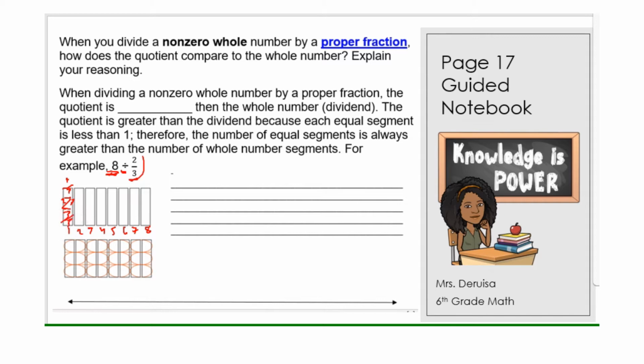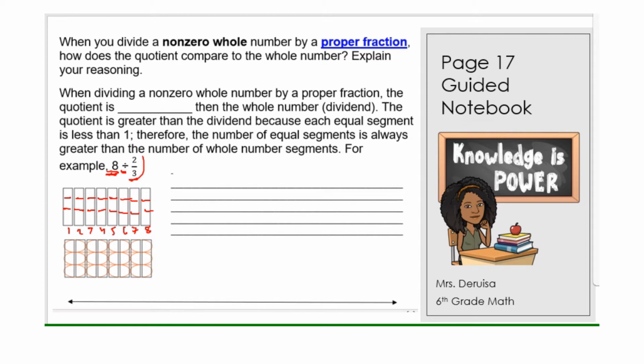And 3/3 is my whole rectangle. So I want you to go ahead and divide your rectangle into thirds. Now that my 8 whole rectangles are divided evenly into thirds, I can make groups of 2/3.